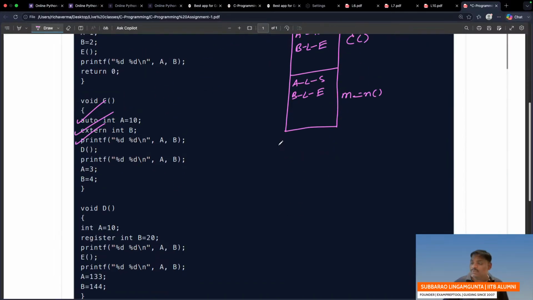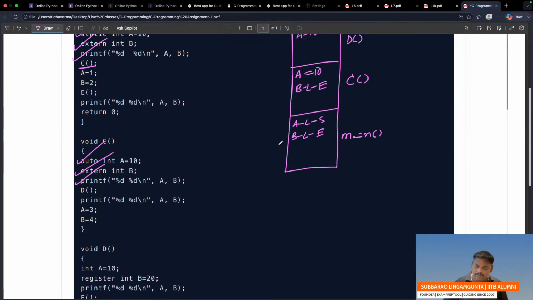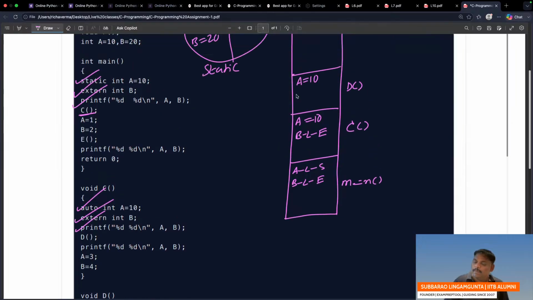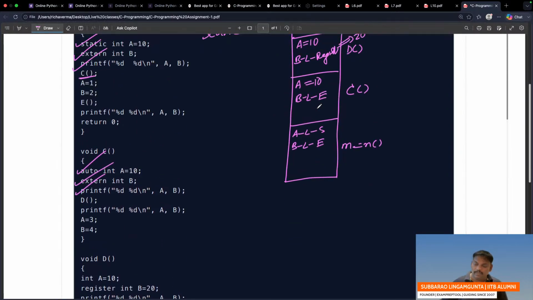That is also a local variable, but it is there in the register. Value is 20. That is also fine.